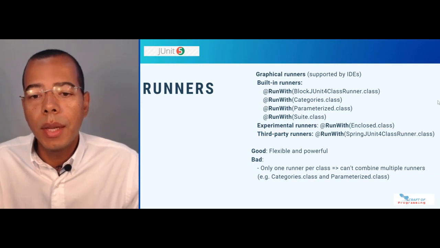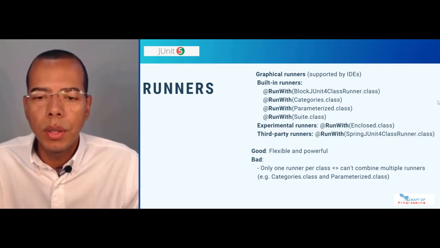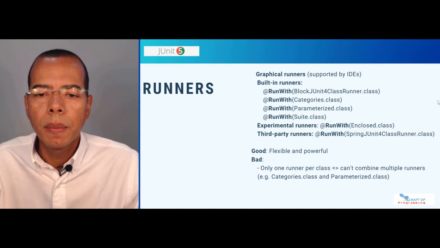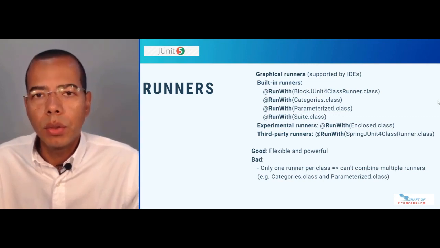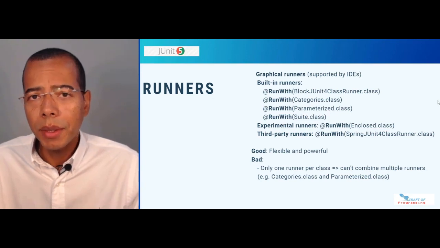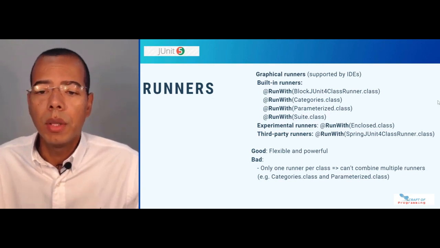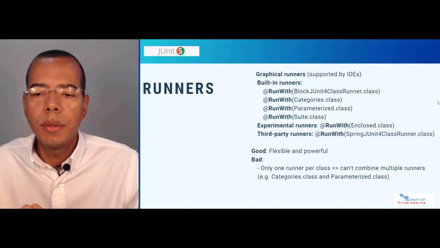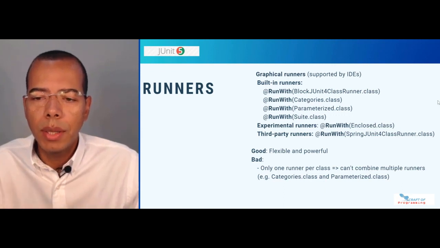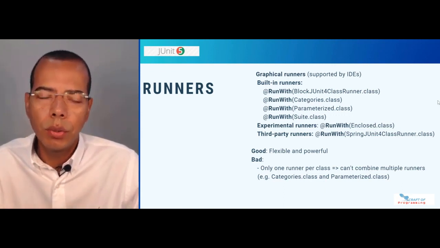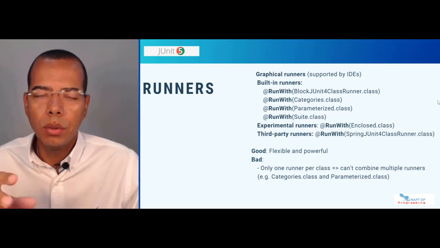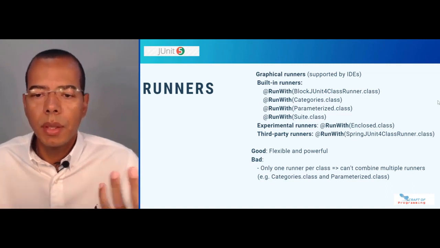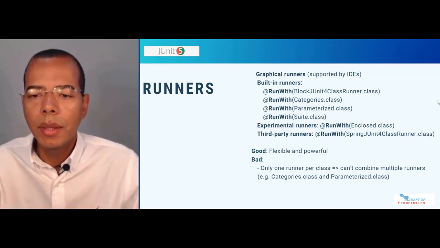Then there was this other way that you could use, the @RunWith tag. The RunWith tag basically was a way for you to use either a built-in runner or a custom runner. So we had the default runner, which is the BlockJUnit4ClassRunner. We had categories, which was a way to categorize tests, and you could basically include and exclude tests in a test suite like that.